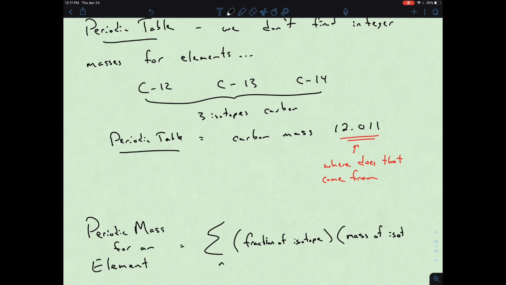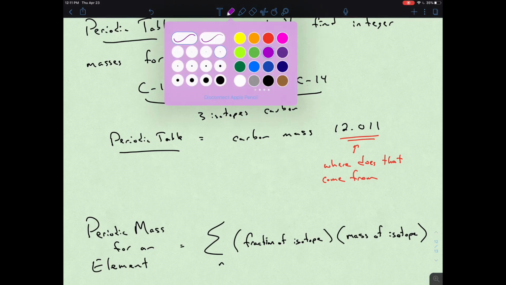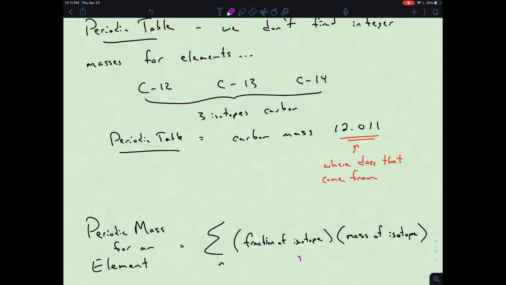So it's a summation, but we're using a percentage. The fraction is basically before a percentage.